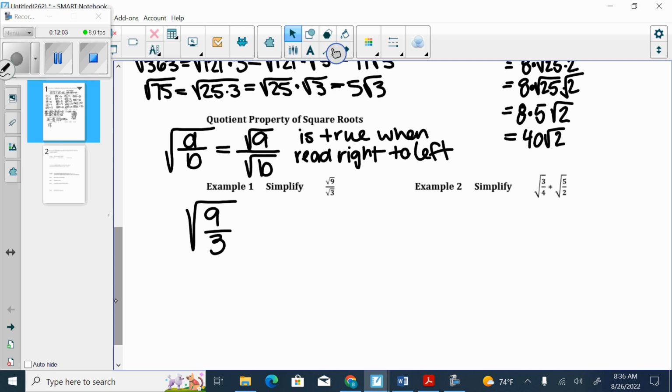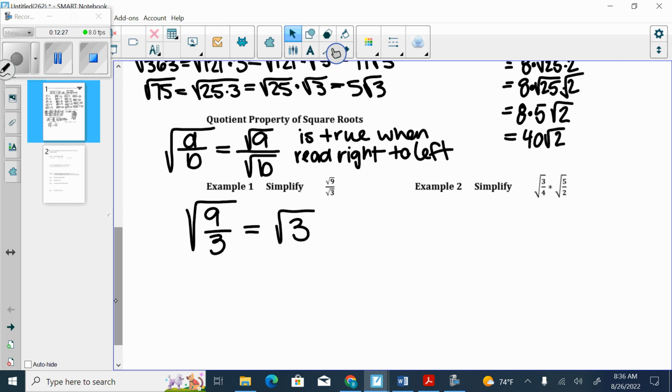Can I simplify what I have under this radical here? Yes, what is 9 divided by 3? 3. And then we didn't have to break anything down. We didn't really have to take any square roots. We just simplified what's underneath there, right? So this is an example of it was easier for us to simplify when written this way.